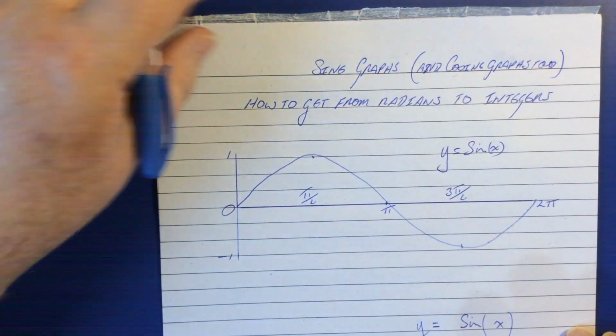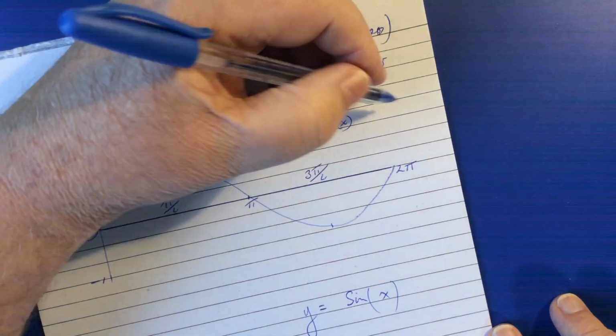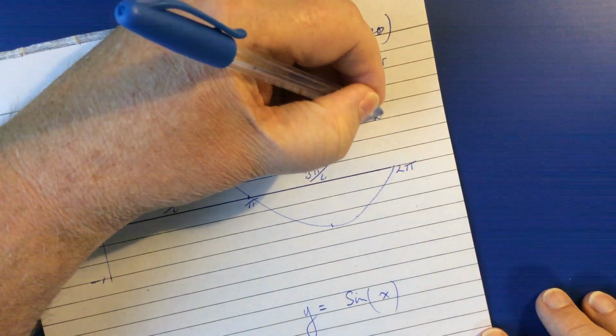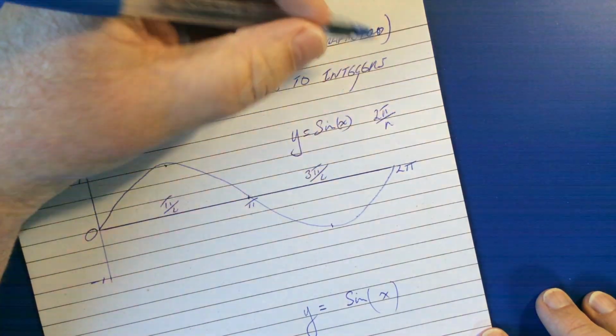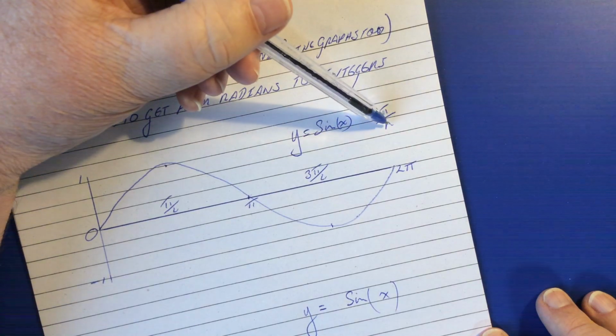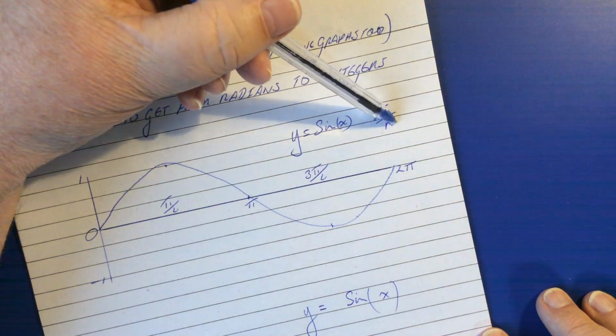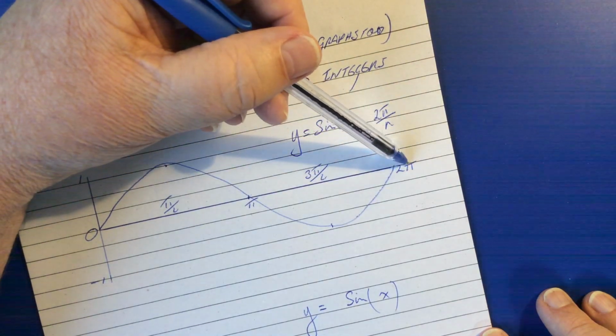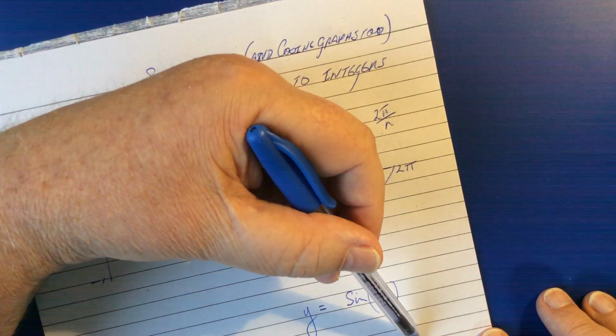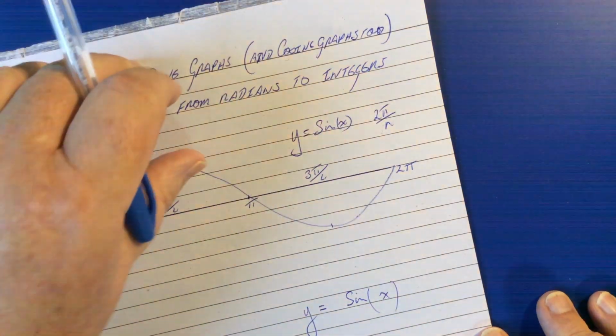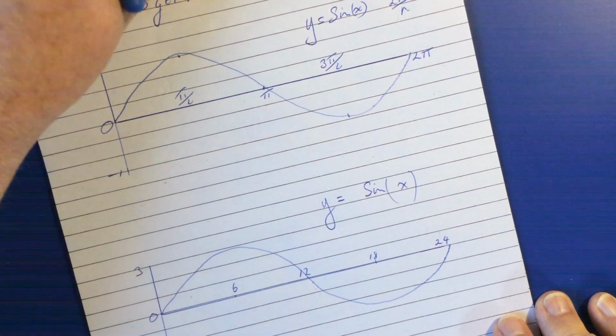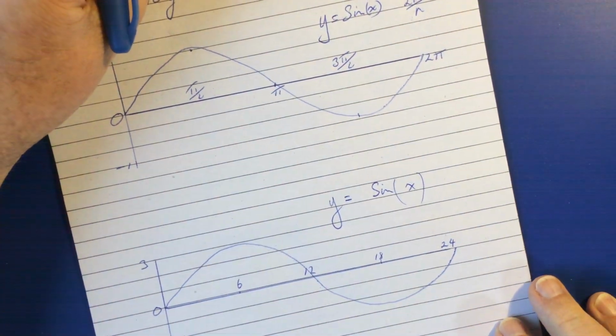And the calculation for a period involves this little formula. So what we're looking at is finding some value of n that will take us from radians to numbers such as 24. So let's get to work.